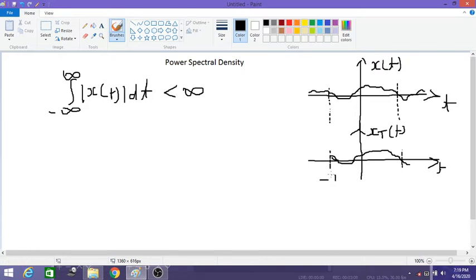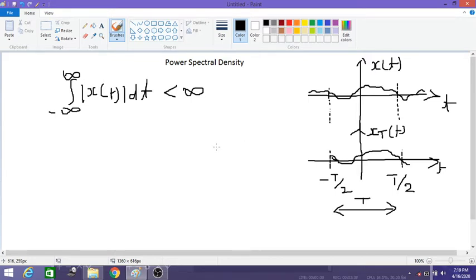Say I take the interval from minus T by 2 to plus T by 2. So my entire duration, or the window, is of time period T. If this is the condition, then I can apply my Fourier transform and find what frequency components are involved for the random process.